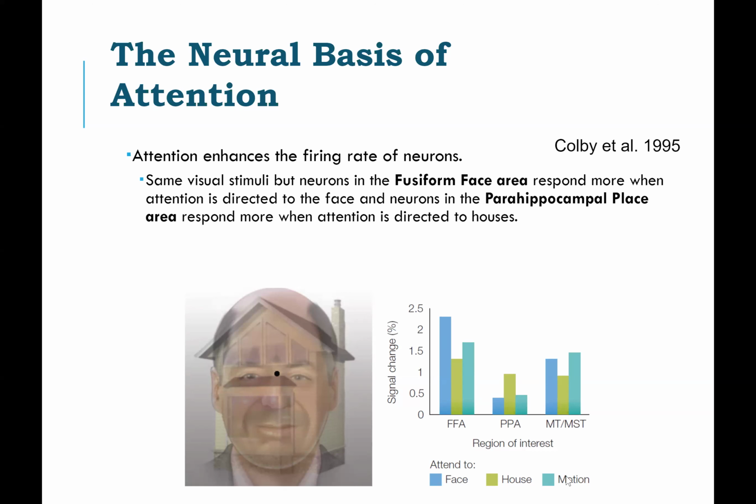And they found that in many cases, it is somewhere in between. But if it's in the MT area, we talked about MT as a motion area, I think at some point in the parietal lobe, that one has a slightly stronger response when you're attending to motion versus the other. I'm not sure how reliable this is.